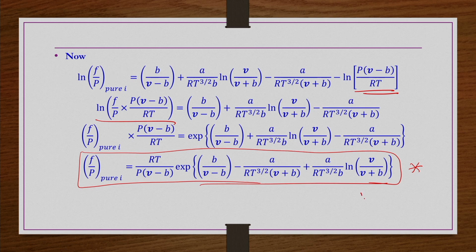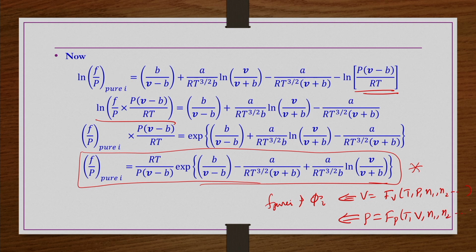Okay, now we have this V as a function of temperature, pressure, and composition, and then we have a certain expression for phi i and f pure i. This is what we derived in one of the previous lectures, and in this lecture we have the equation of state in a pressure explicit form as a function of temperature, volume, N1, N2, and composition.